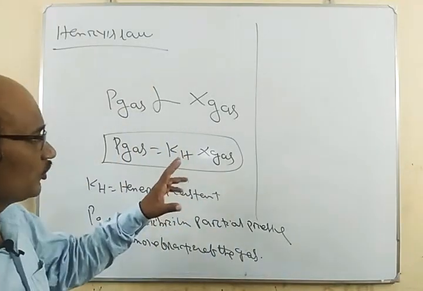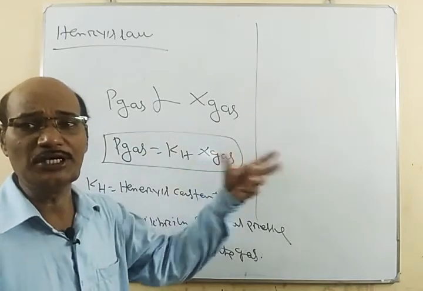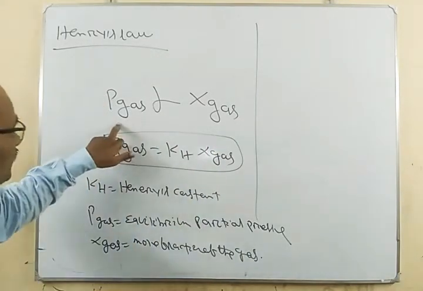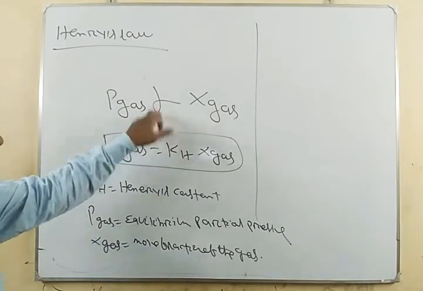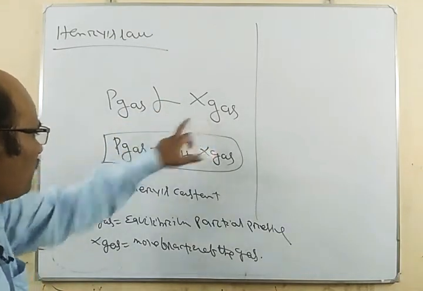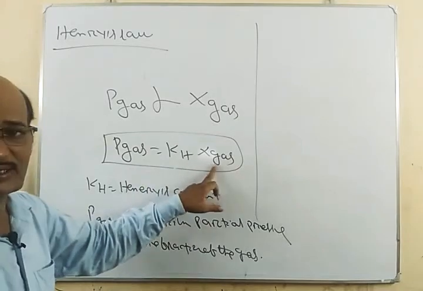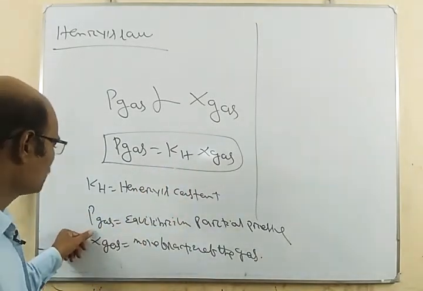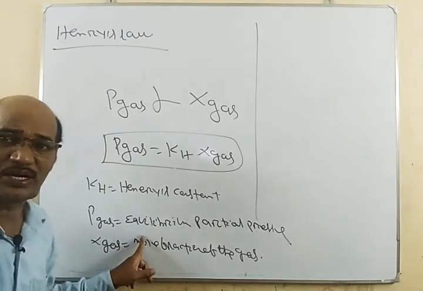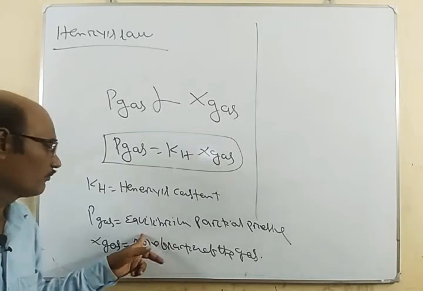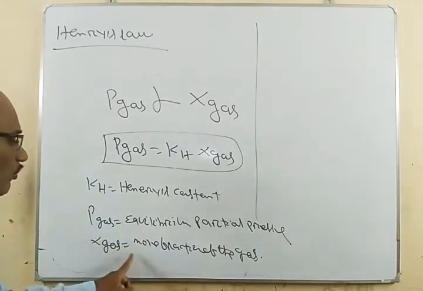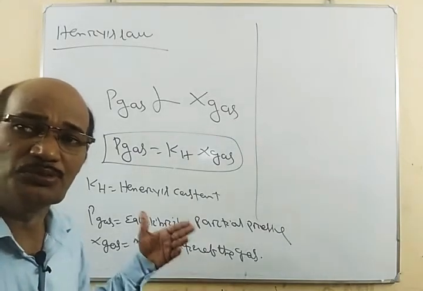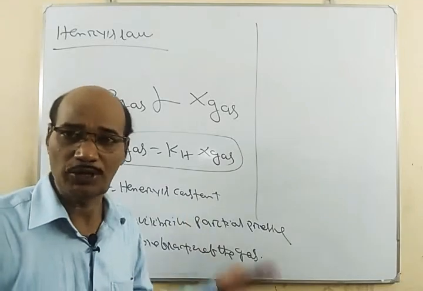Now, if we express the solubility in terms of mole fraction, then P of gas is proportional to X of gas, or P of gas equals KH times X of gas, where KH is Henry's constant, P of gas is the equilibrium partial pressure, and X is the mole fraction of the gas which is going to dissolve.